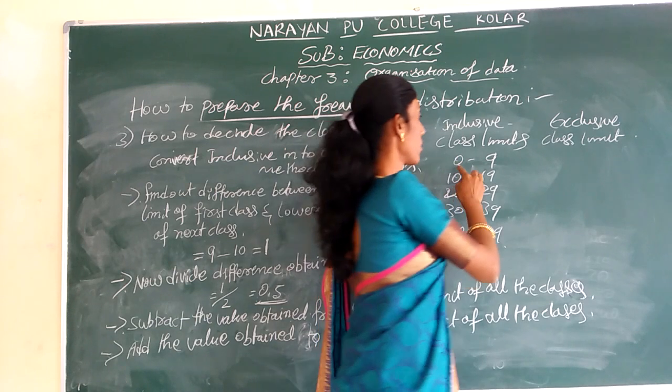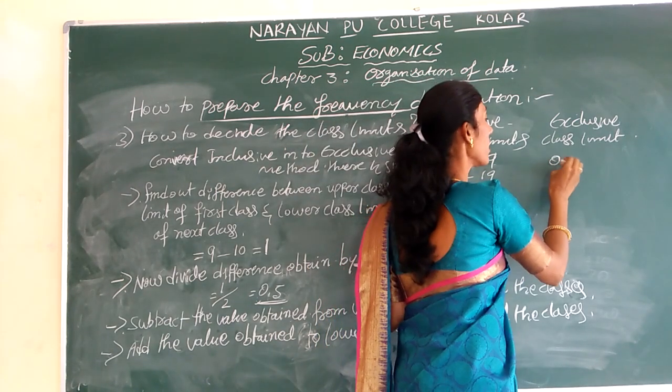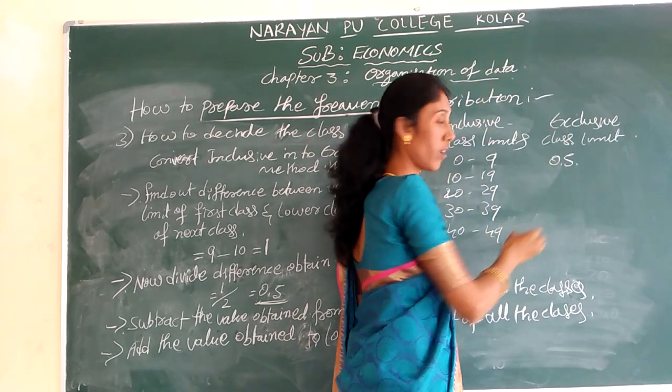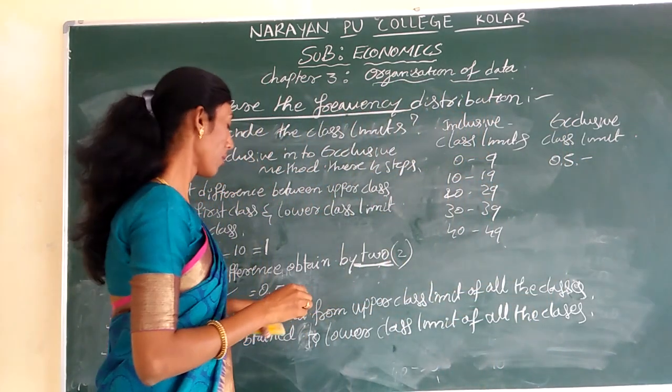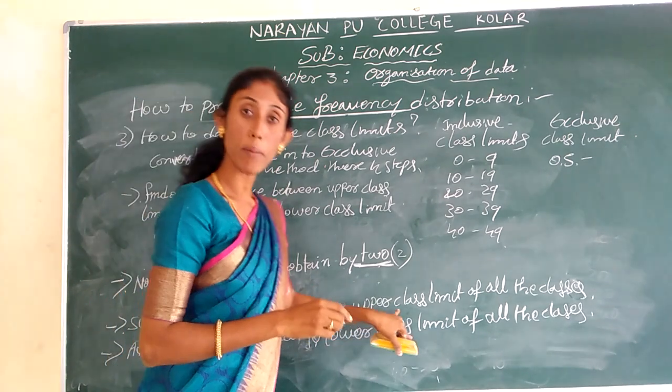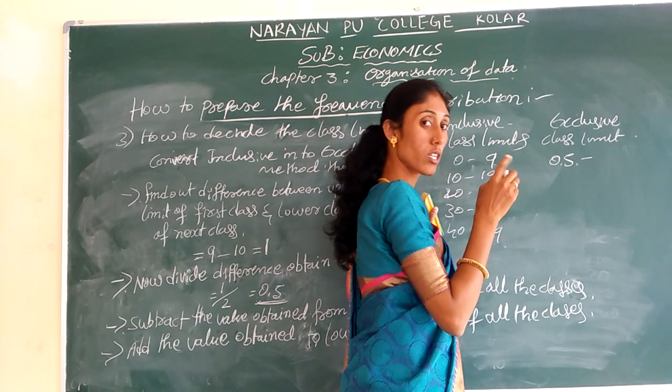Got it? Now 0 plus 0.5, the answer will be 0.5, and we should subtract 0.5 from all the classes' upper limits, right? Then 9 minus 0.5.